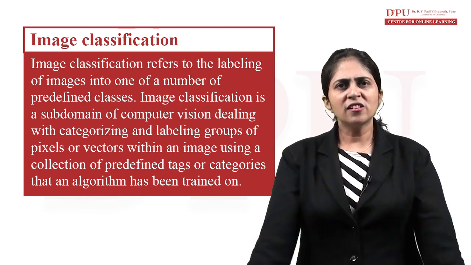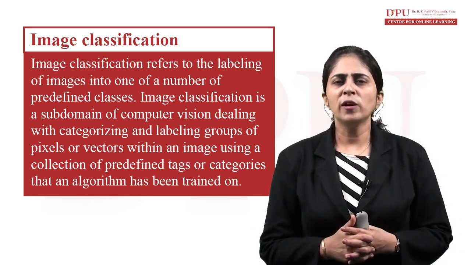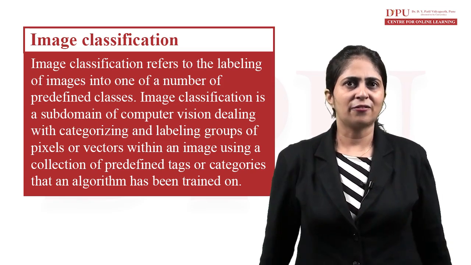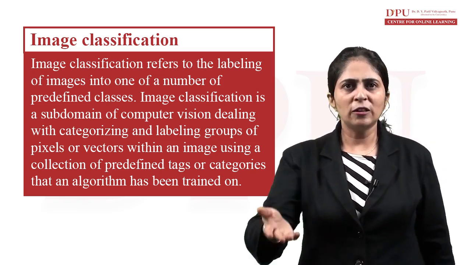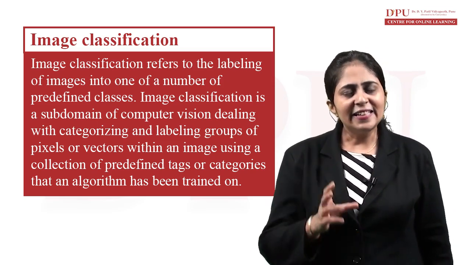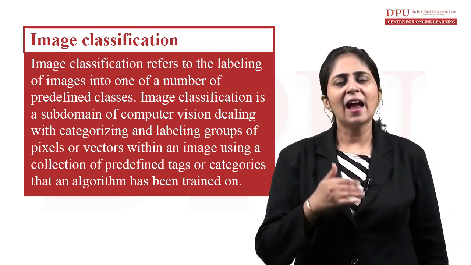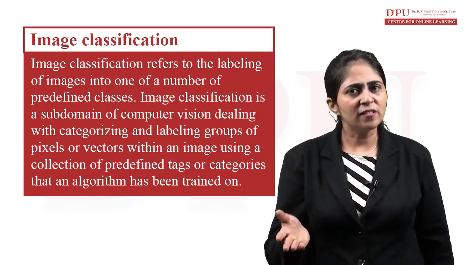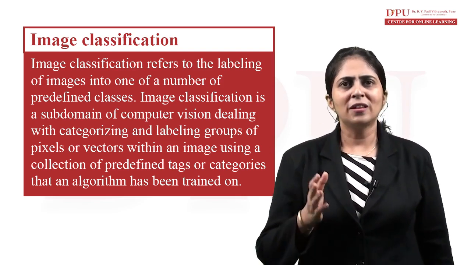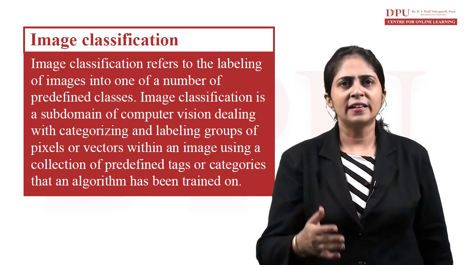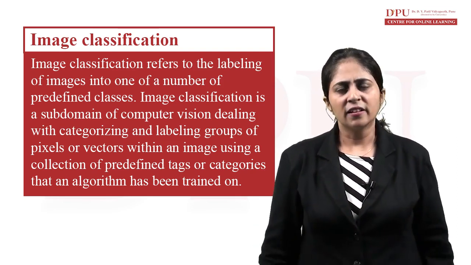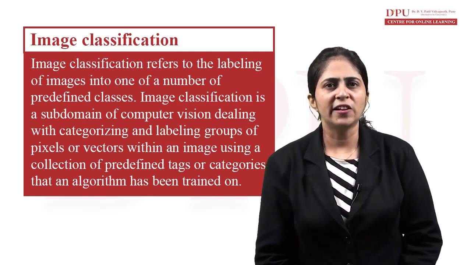There can potentially be n number of classes in which a given image can be classified. So image classification is again a subdomain of computer vision. It deals with categorizing and labeling the group of pixels or vectors within an image using a collection of predefined tags or categories that an algorithm has been trained on.